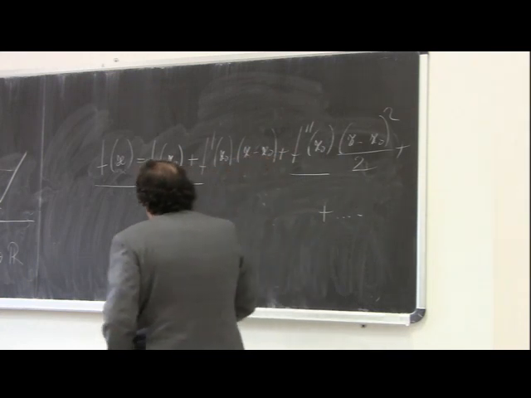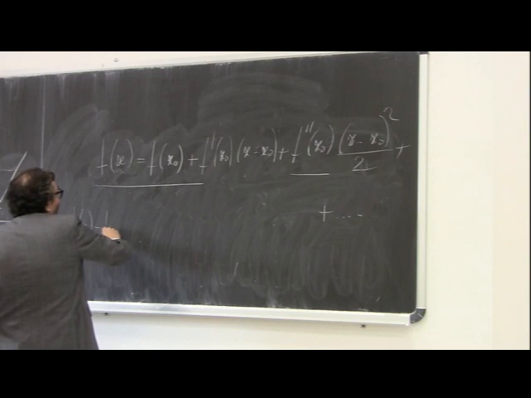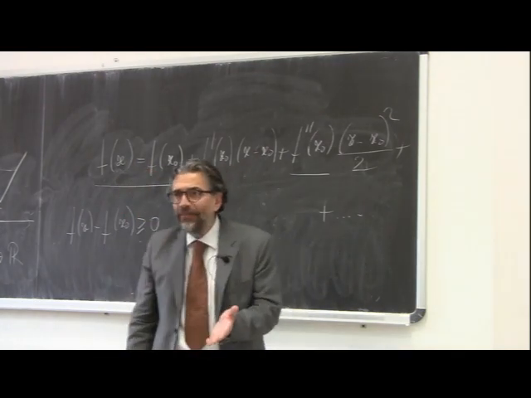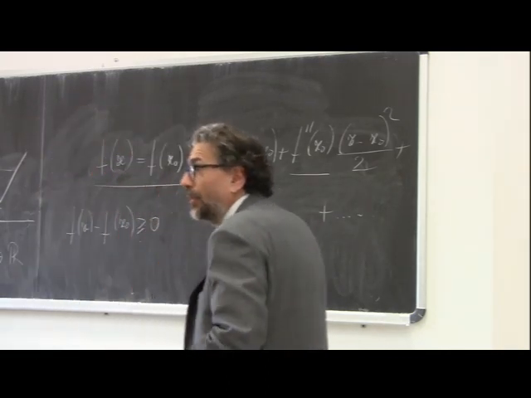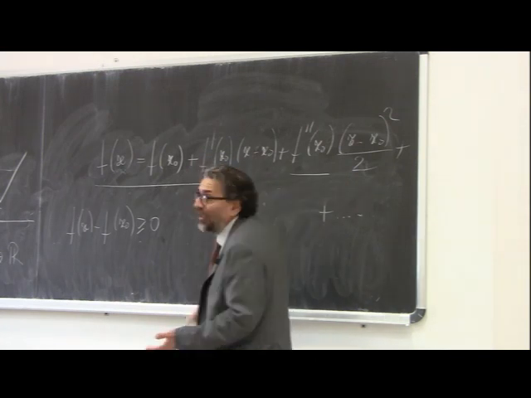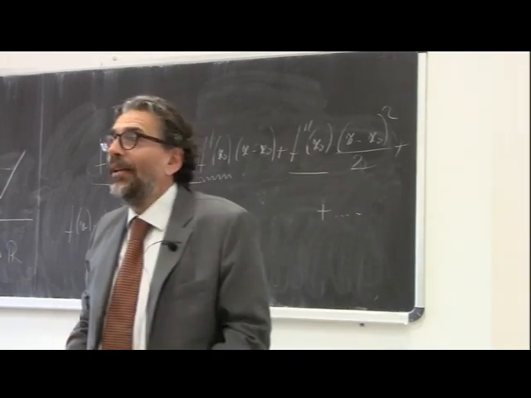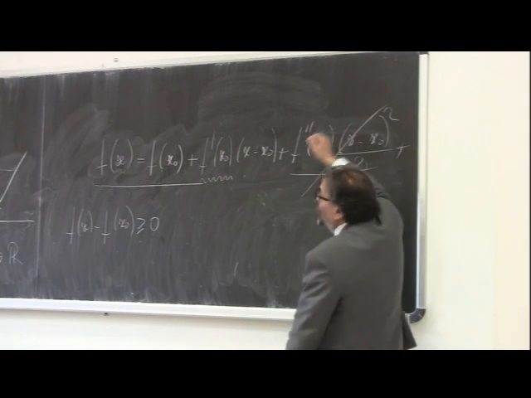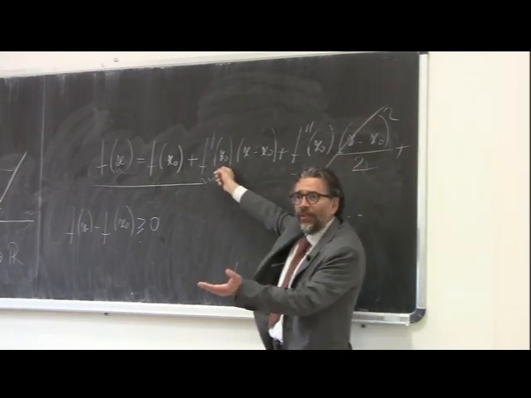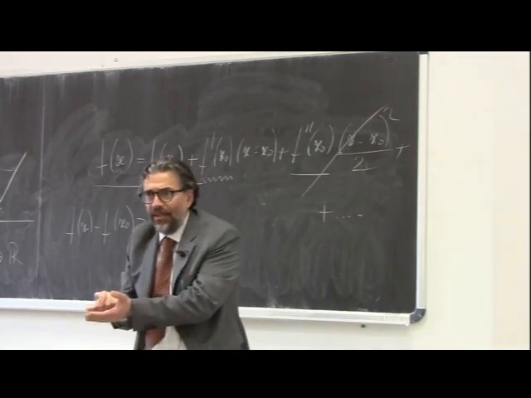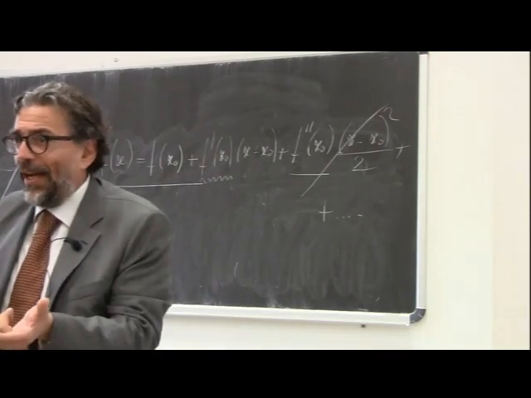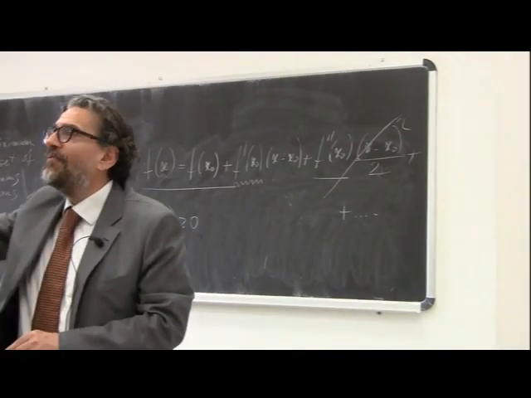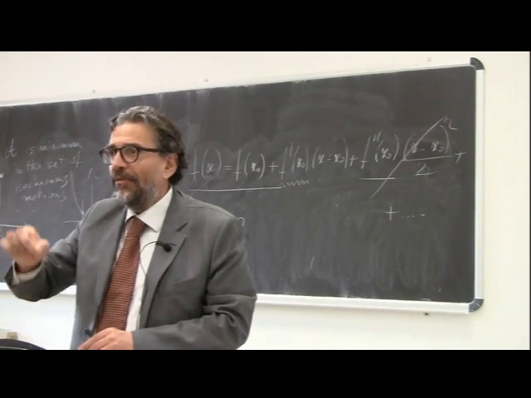So, f(x) minus f(x0) is positive for every x in the neighborhood of x0 if and only if the first derivative is 0. Because otherwise, what would happen? When x is very close to x0, this term is negligible. If this derivative is positive, then it is positive on one side and negative on the other side. If the first derivative is negative, vice versa happens. So the only way for having x0 as a minimum is that the first variation of the function is vanishing.